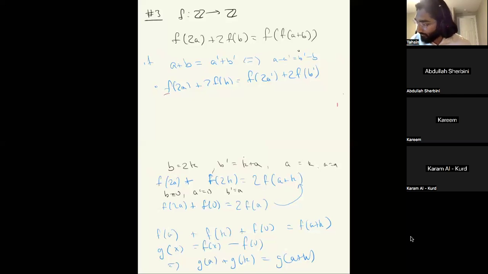So isn't it 2f of a plus 2f of k plus 2f of 0, right? Then I divide everything by 2. I think it's okay, right? Yes, I just canceled the 2's. Good.